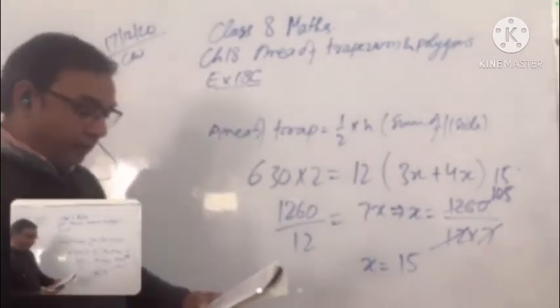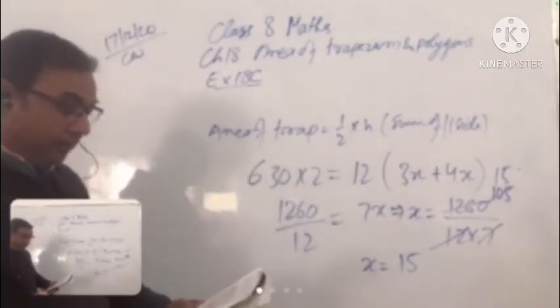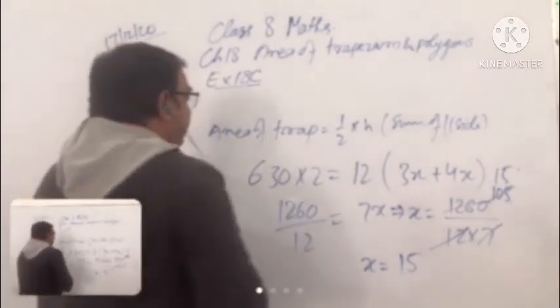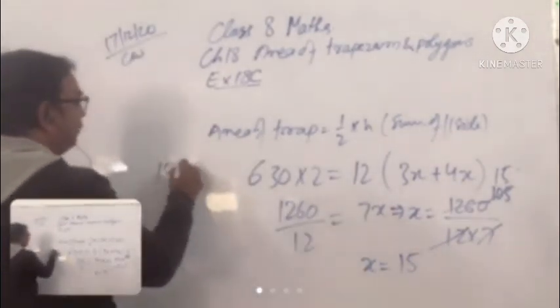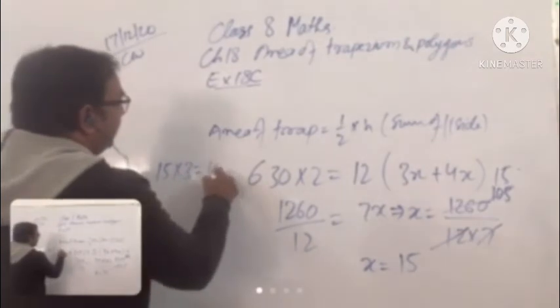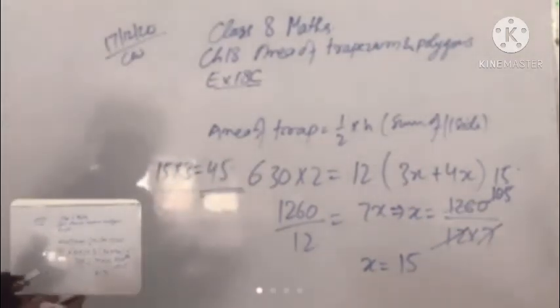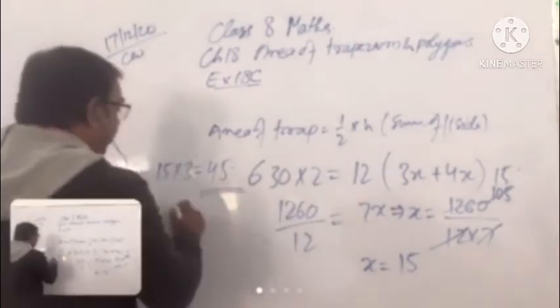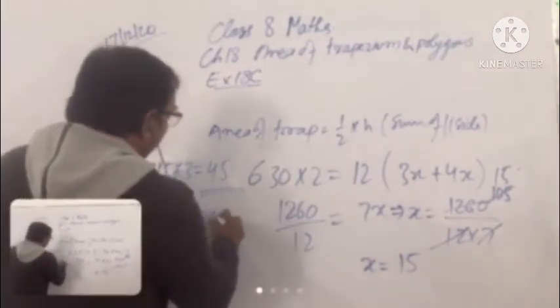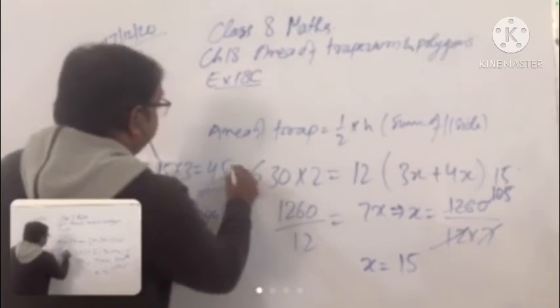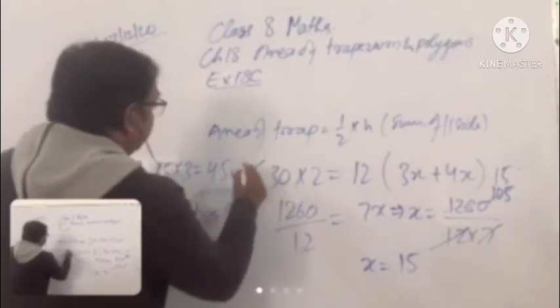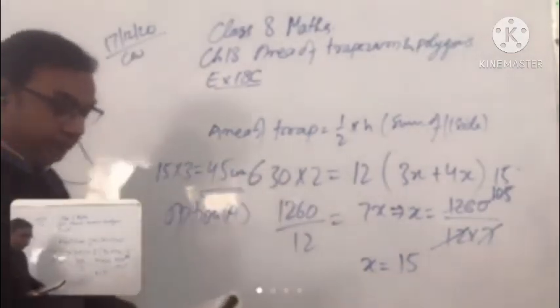So the value of x is 15. So 15 threes is what? 15 threes is 45. 45 is the shorter side. Yes, option A. Option A is right. 45 centimeters is the shorter side. Okay.